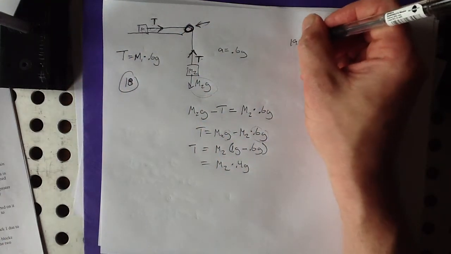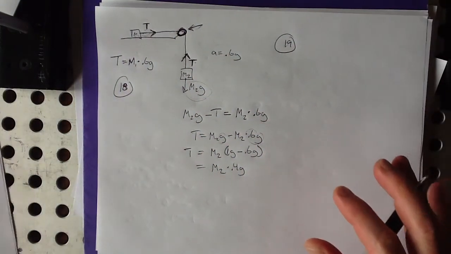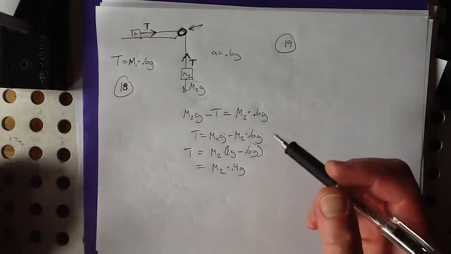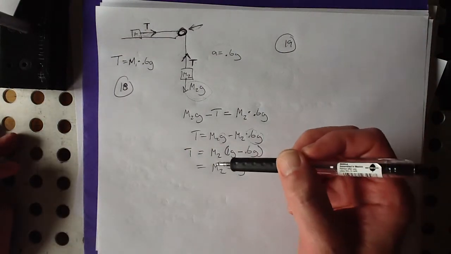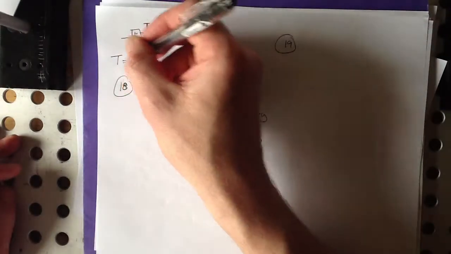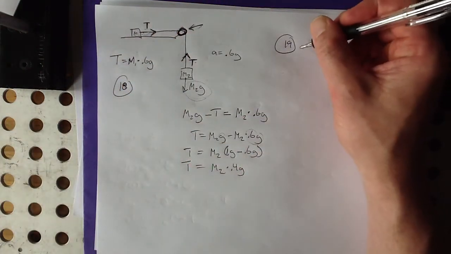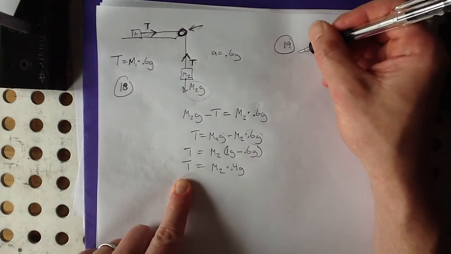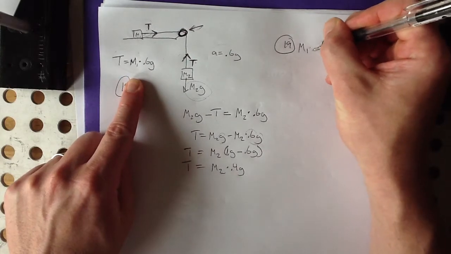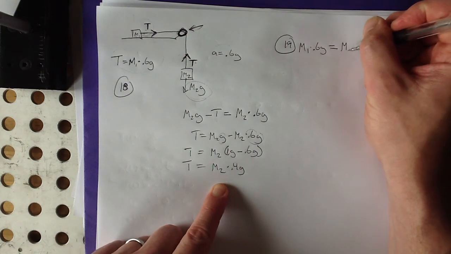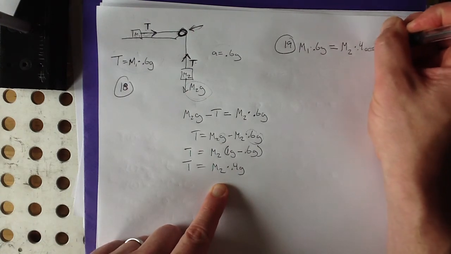And number 19, they want to know the ratio of the masses. That should be pretty easy to do because I have them both in terms of T, right? I already have T from both blocks, so let's set those equal to each other. Since this equals T and this equals T, then M1 times 0.6 g must be equal to M2 times 0.4 g.